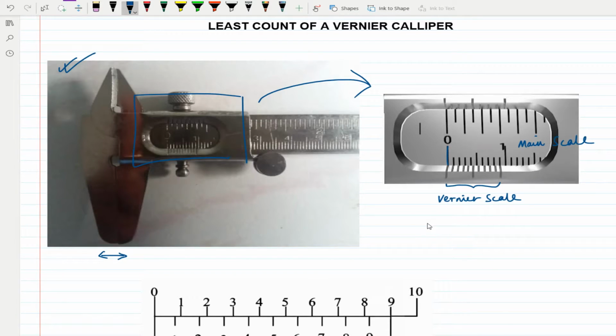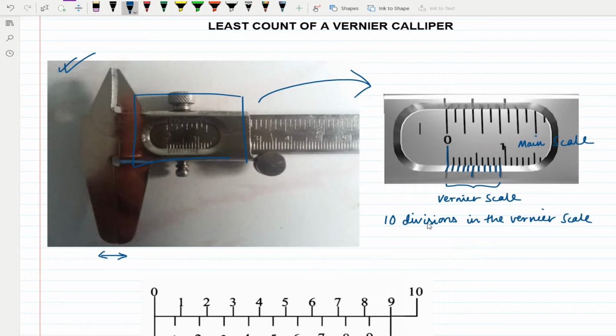Now it is seen that there are 10 divisions in the vernier scale. You can see that these are the divisions: 0, 1, 2, 3, 4, 5, 6, 7, 8, 9 and 10.